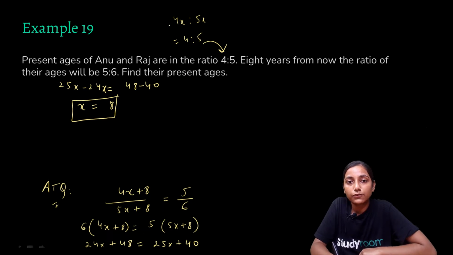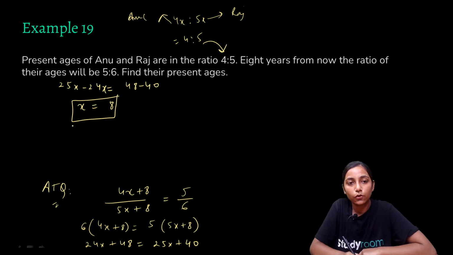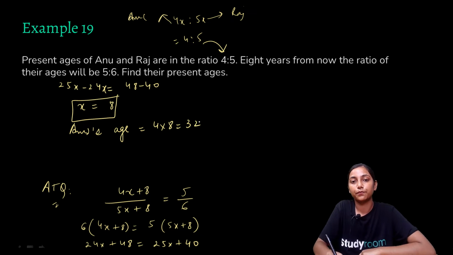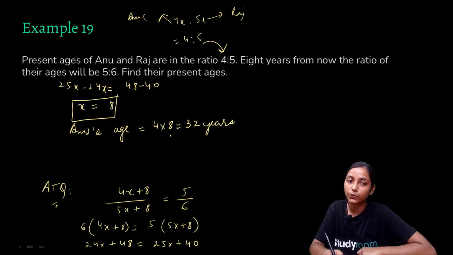Now Anu's present age was 4x. We let Anu's present age be 4x and Raj's present age be 5x. So after putting x as 8, Anu's present age is 4 into 8, that is 32 years.